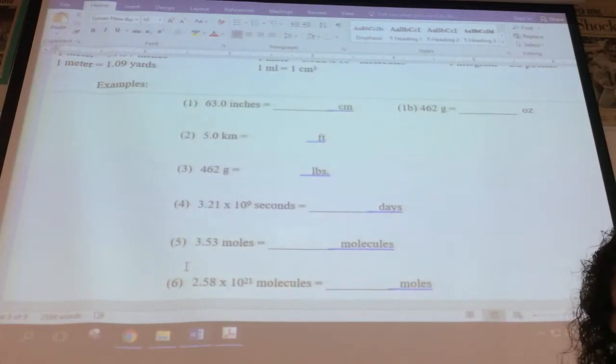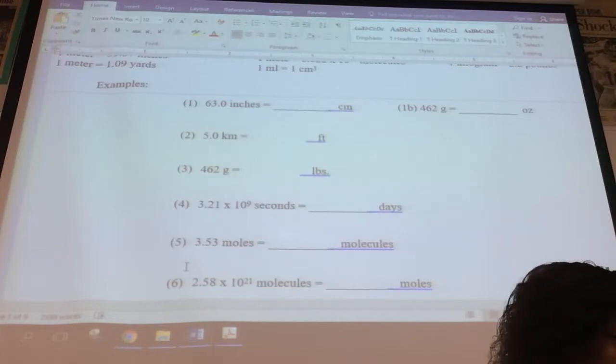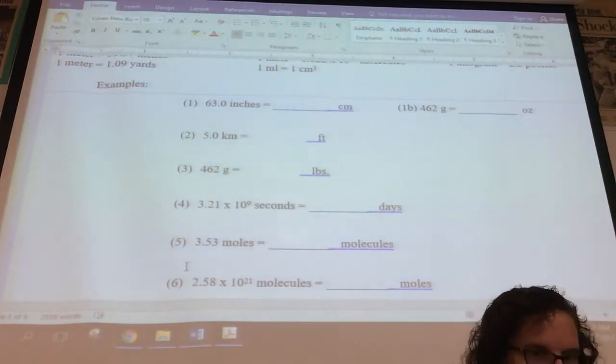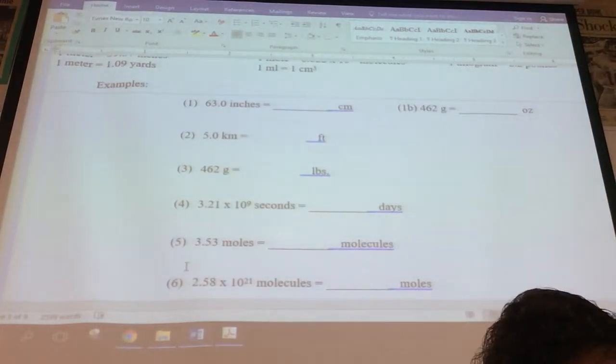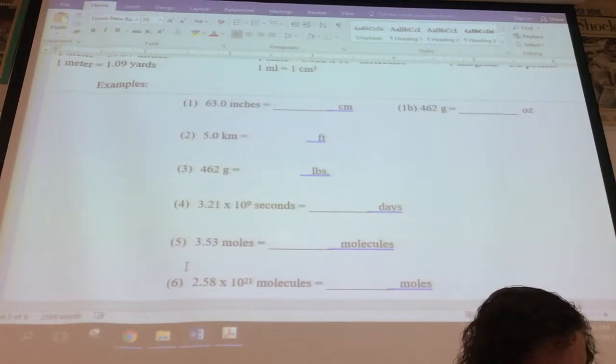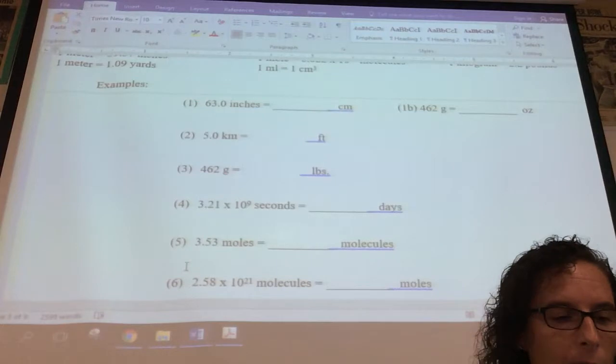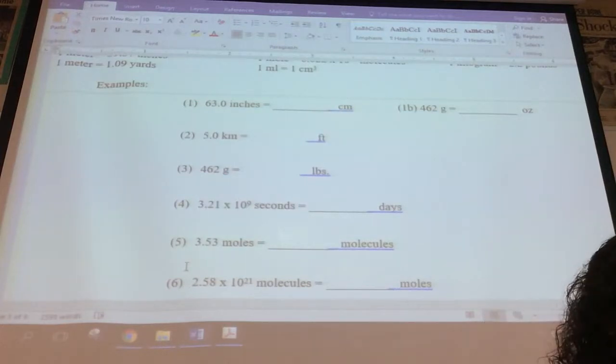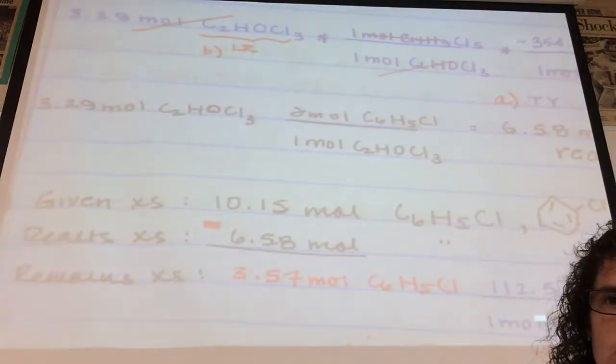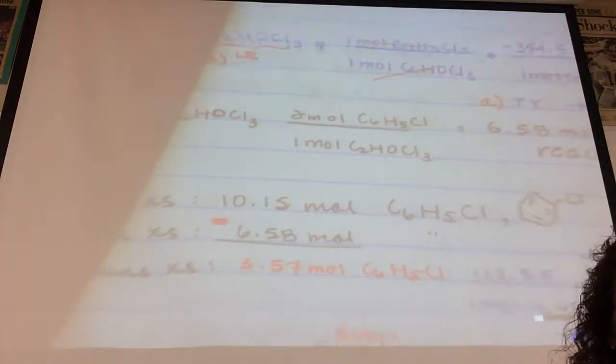You'll see in chemistry, if you're very neat with your setup, it's much more likely that you will be successful in the solving process. When you get to more advanced chemistry at the end of the year, you will see problems such as those on the screen.